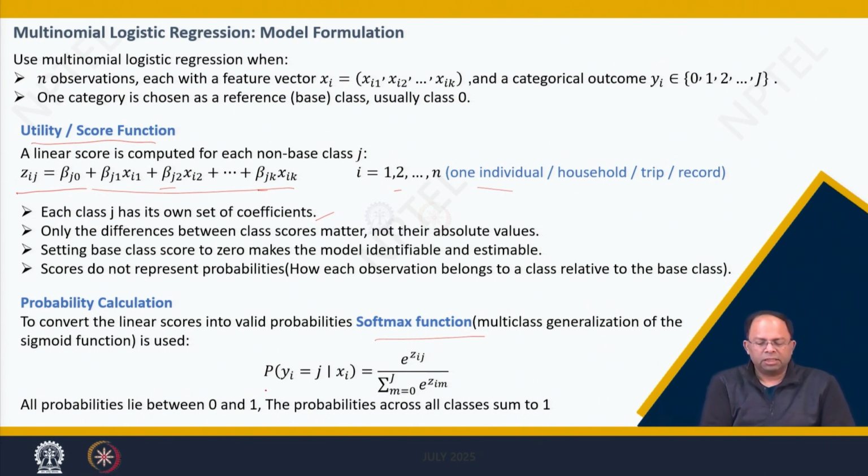The probability that the outcome for yi is j is estimated as e to the power z_ij divided by the summation over m equal to 0 to J of e to the power z_im, where m covers all the classes. We add those up, and then we can find the probability of class j. All probabilities lie between 0 and 1, and the probabilities across all classes sum to 1.